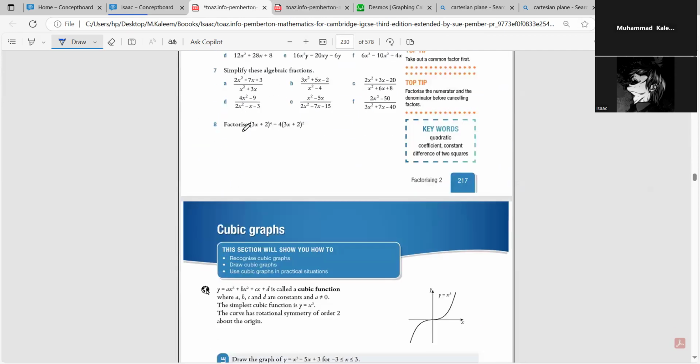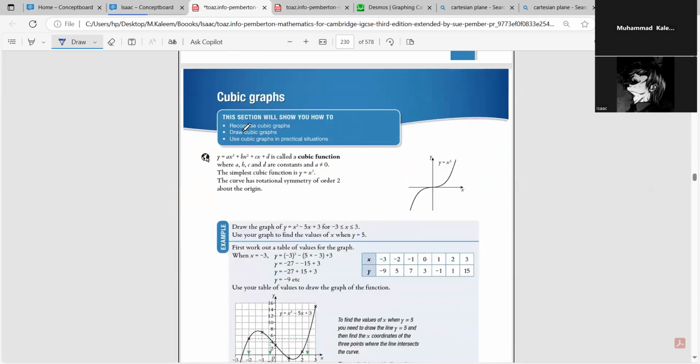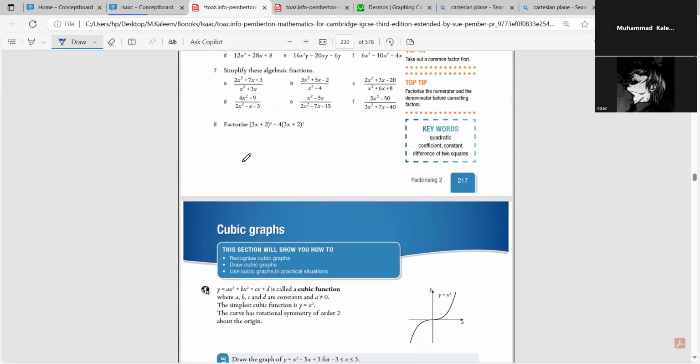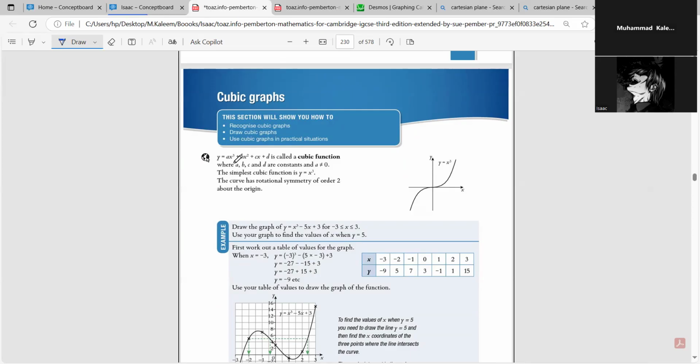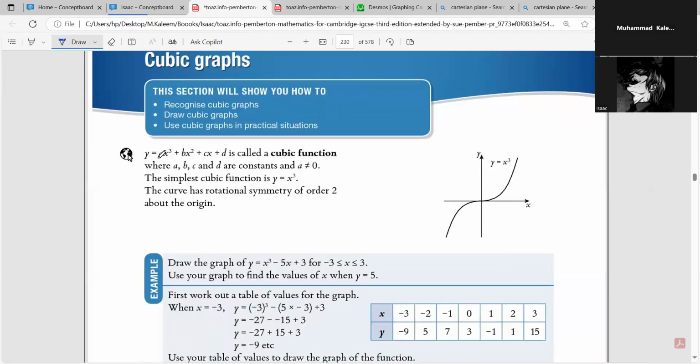The degree is defined as the highest exponent, highest index, maximum power. If it's 3, then it will be a cubic equation.